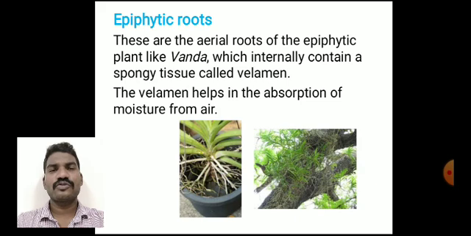Next, epiphytic roots. This is also a very special type of root, mostly found in epiphytic plants like Vanda and some other plants. Internally it contains a spongy tissue called velamen tissue. The velamen tissue helps in the absorption of moisture from the atmospheric air.